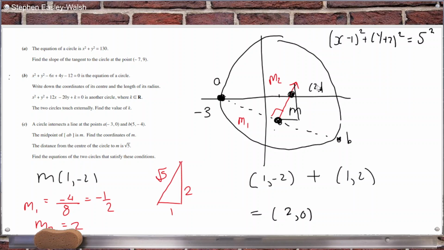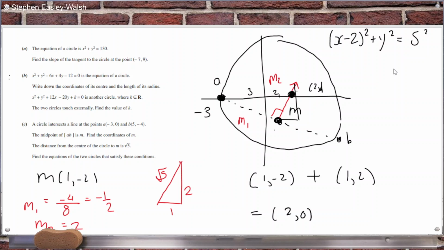No, sorry, that's not the center. The center was (2, 0). So it's (x minus 2) squared plus y squared equals... And what did I just say for the radius? That's 3 units, and that's 2 units to the center, so 5 units then.